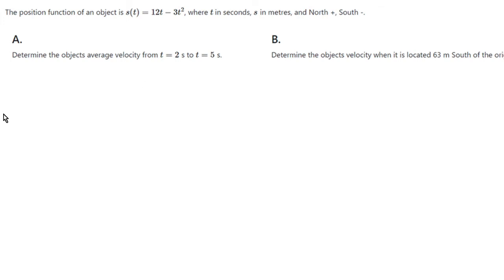So the average velocity equals the change in the position over the change in time. This is expanded: the two positions subtracted, divided by the two time points subtracted.